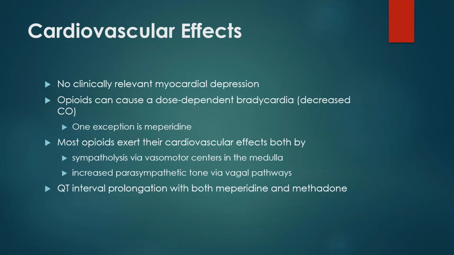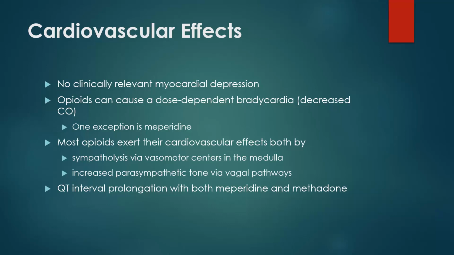At clinically relevant doses, opioids don't cause significant myocardial depression, but they cause a dose-dependent bradycardia, resulting in decreased cardiac output. So whenever you see on your boards, are opioids cardiac depressants? The answer is no. Now, one exception is meperidine, which may cause tachycardia because of the structural similarity to atropine.